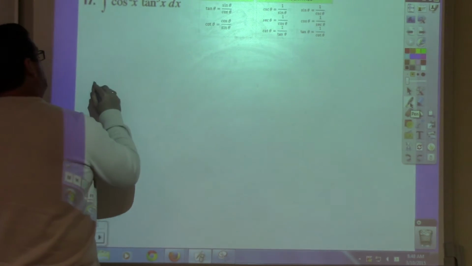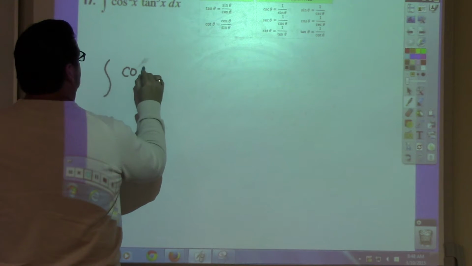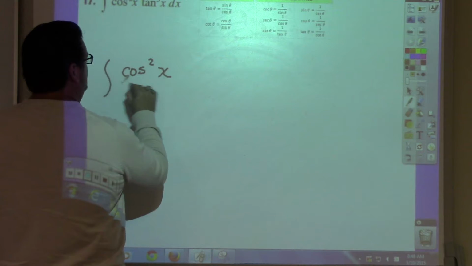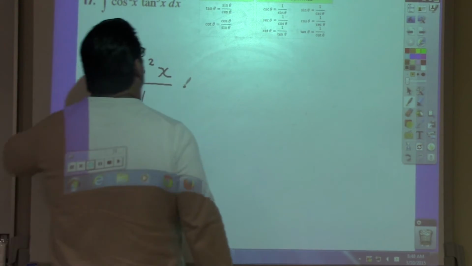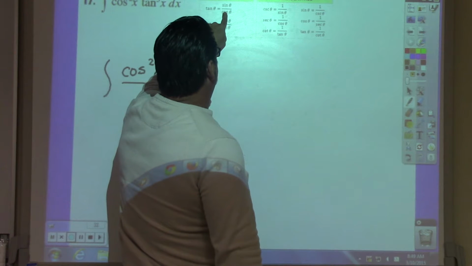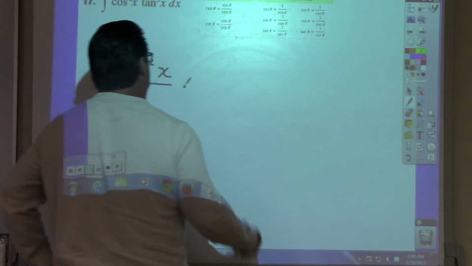So, dang old antiderivative of the cosine squared of x over 1 times, and we'll change that tangent to sine cubed over what? Cosine cubed.